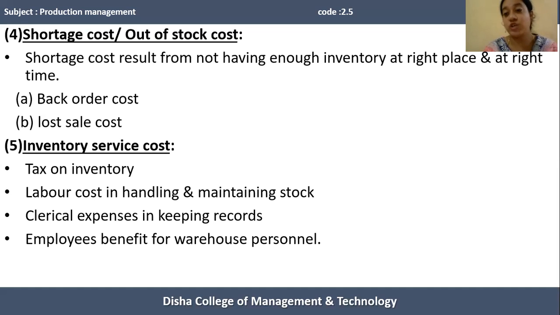The firm is required to procure these materials. So for that reason, the organization or the firm incurs certain extra cost that comes under shortage cost, and that cost arises due to not having enough inventory in warehouses. Again, there are two types of shortage cost, that is backorder cost and lost sale cost.